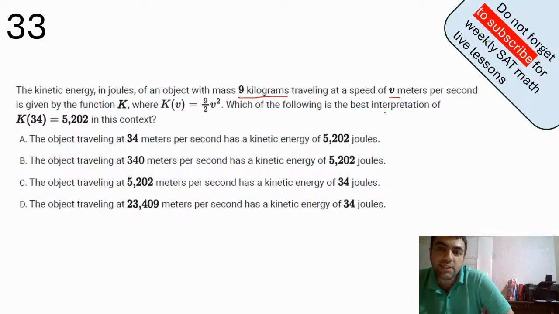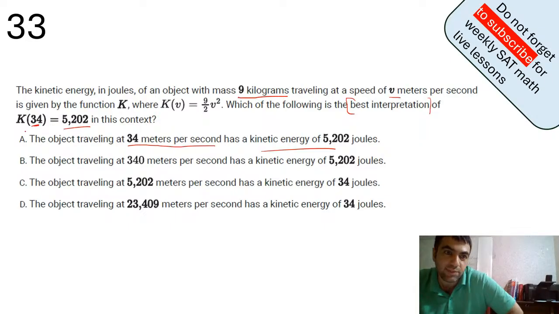Which of the following is the best interpretation of this context? The 34 is velocity and this is the kinetic energy. The object traveling 34 meters per second has a kinetic energy. Yes, this is A. Mr. Saif and Mr. Shahin, this was A. This is not D.